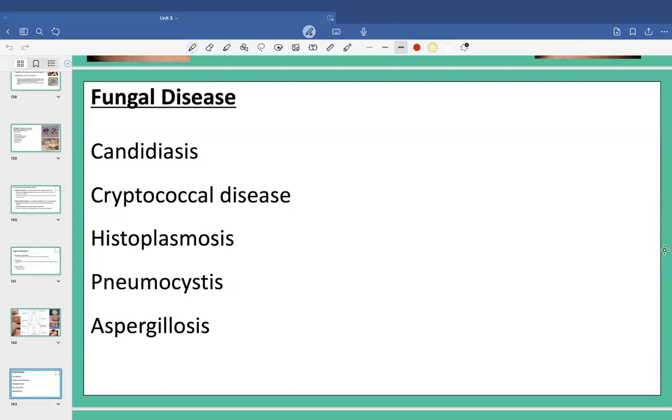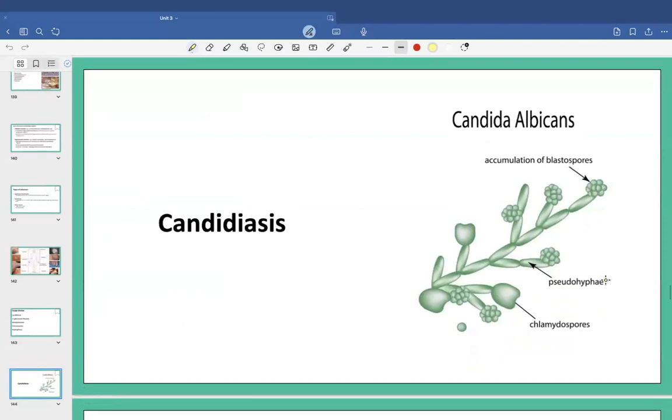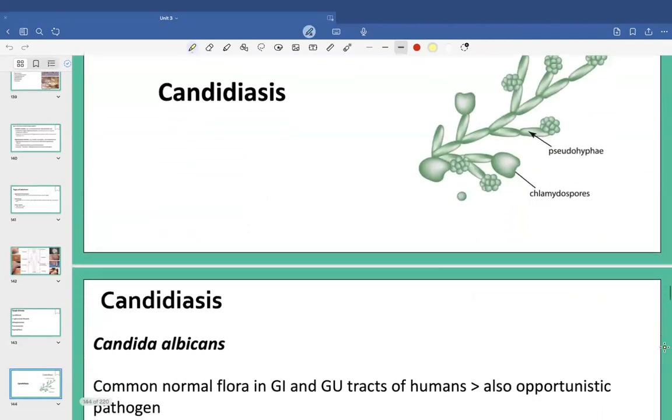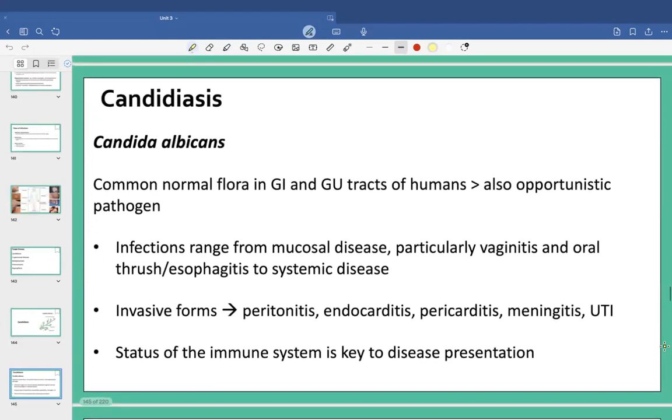Candidiasis. So this one you've seen quite a bit in previous lectures, so we're going to do some review, but we're also going to talk about it in the context of fungal infections and infectious disease. Candida albicans is part of the normal flora, but it is also an opportunistic pathogen.